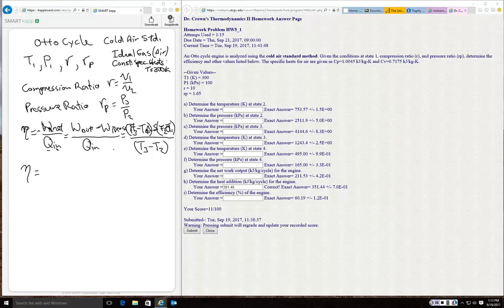So T3 is T1 times Rp to the k minus 1, times Rp.